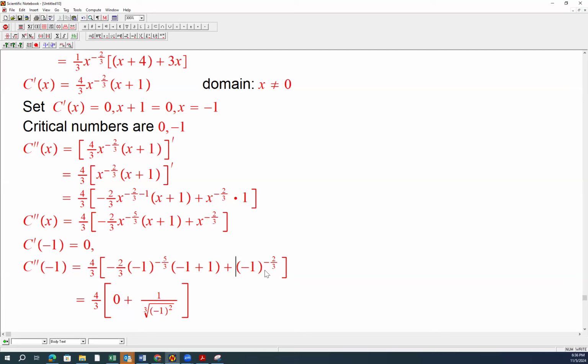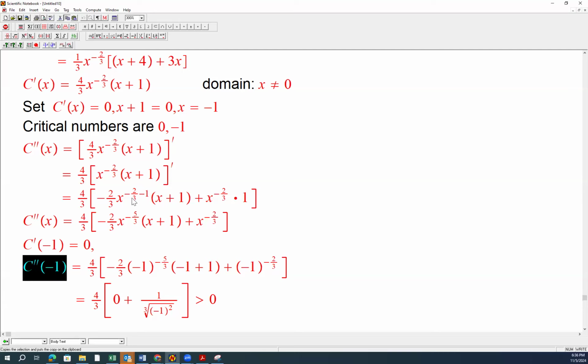All right, so be careful, this number is -1 raised to the power of 2/3 under 1. And this -1 is being squared, so this piece is positive. It's not negative. Positive times positive is positive. That's all we need to know.